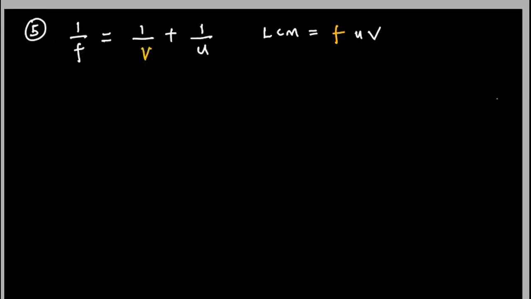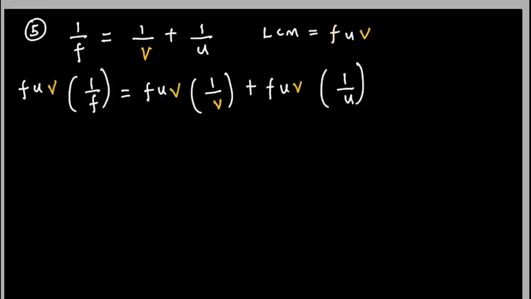So that's my LCM. Now for this LCM, multiply each of these fractions by the LCM. That is 1 over F, 1 over V, and 1 over U. Multiply each of them by the LCM. And multiplying it, we have this.